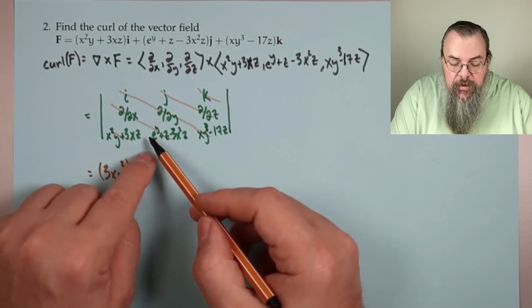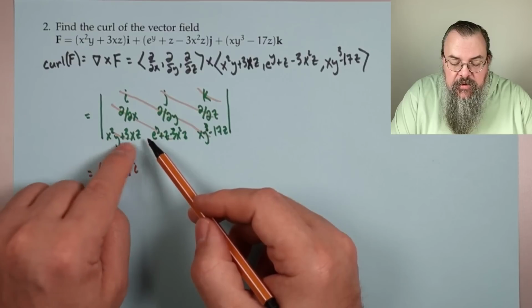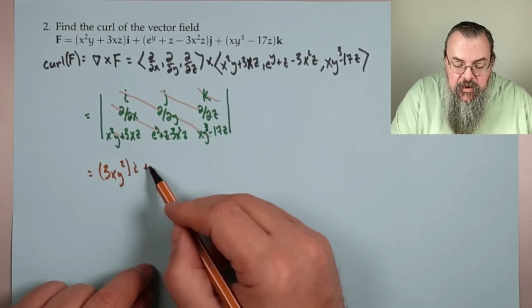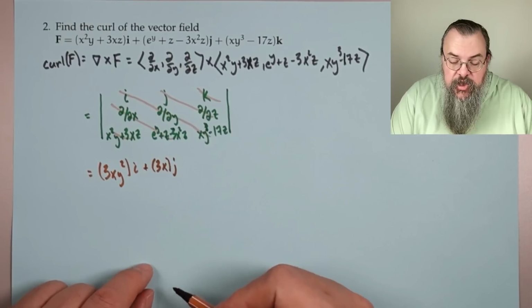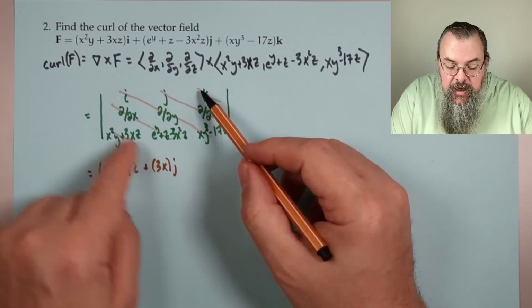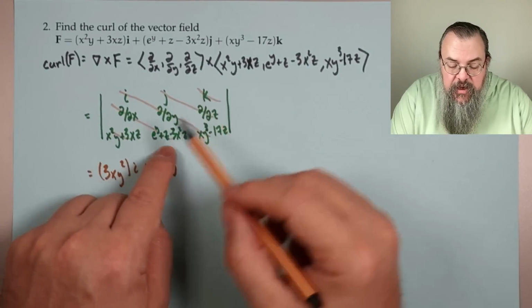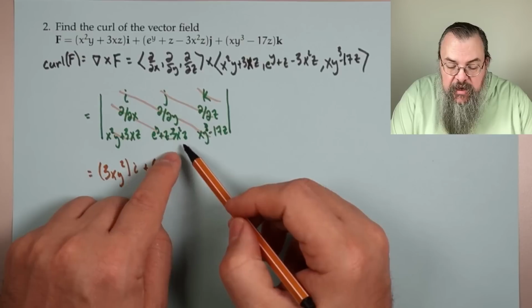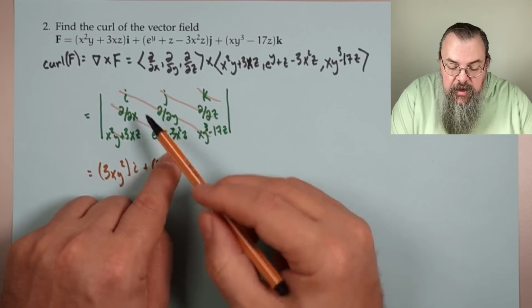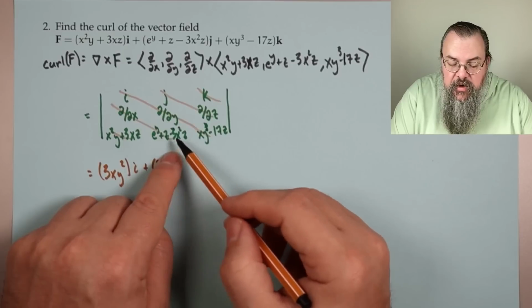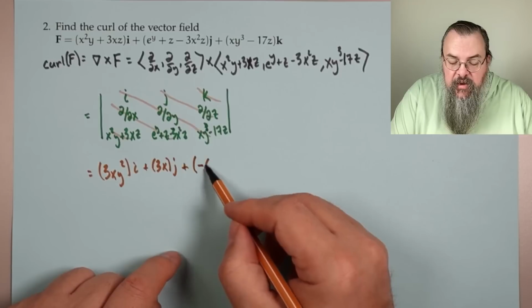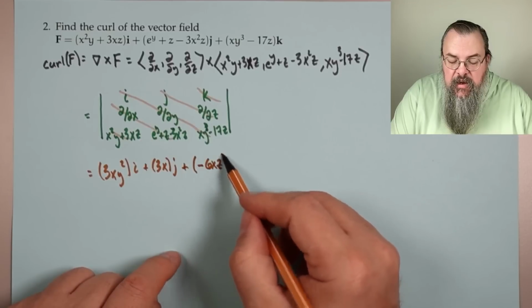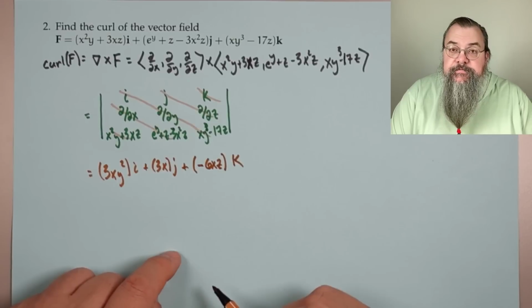Well, there's only one z here, and everything else is a constant, so we get plus 3x in the j direction. All right, k, partial x of e to the y plus z minus 3x squared z. Again, derivative with respect to x, y and z are constants, so this becomes minus 6xz, and that's in the k direction.